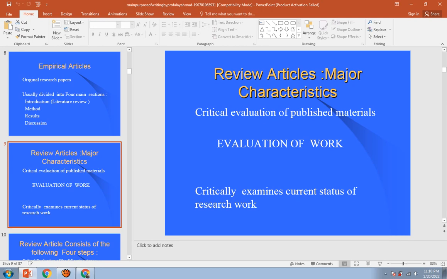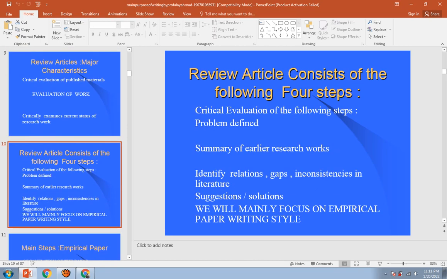So critical evaluation of published materials, evaluate, examine of what? Critically examine the current status of the research. Remember, it is also an important issue that it critically examines the current status of the research work.